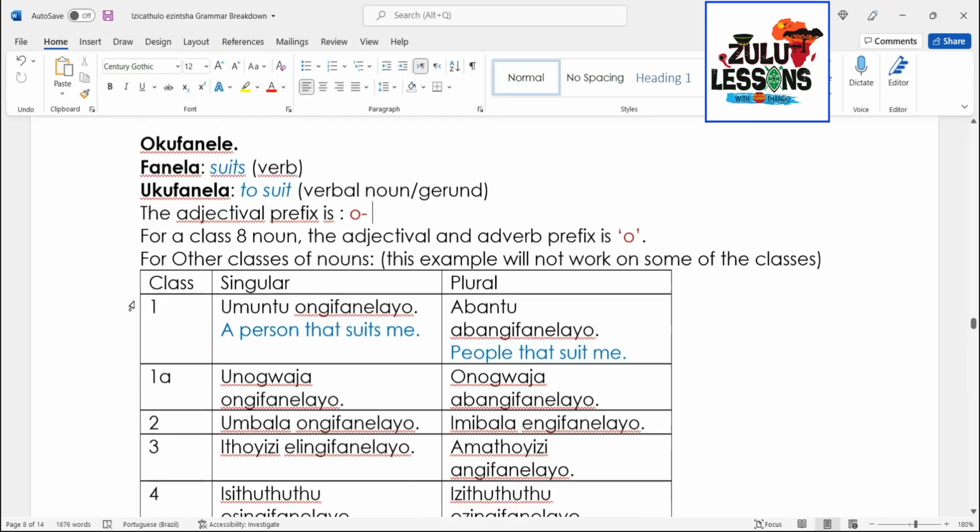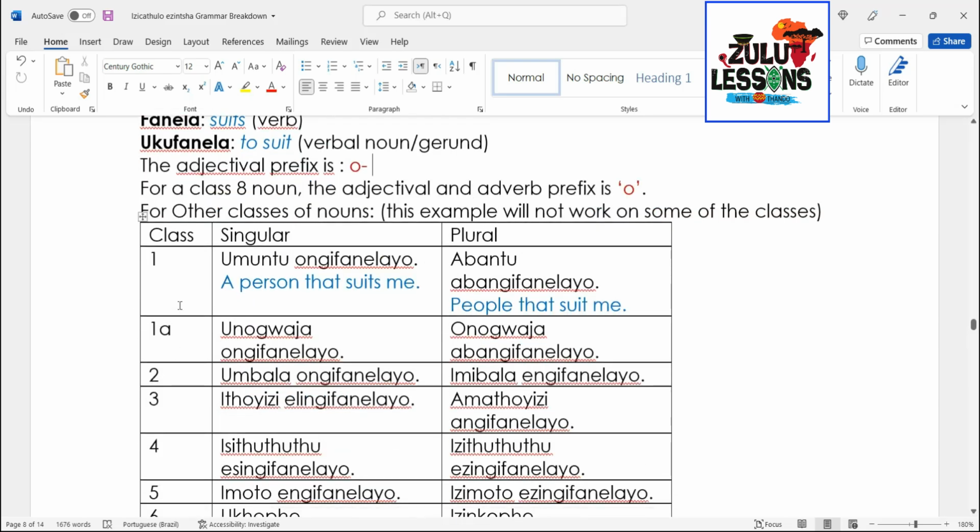So here we go. Class 1, umuntu ongifanelayo, a person that suits me. Ongifanelayo, do you see that the prefix for our adverb here is o? And of course, we are talking about an adverb, so a verb that describes a noun. So we are ending it with yo at the end.